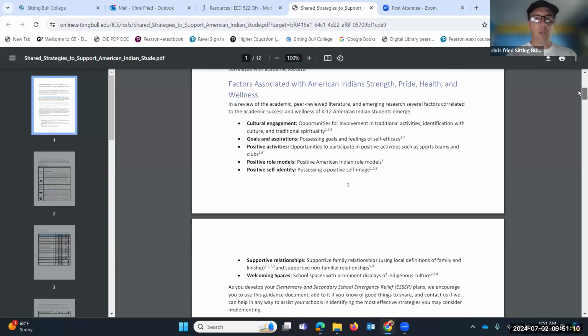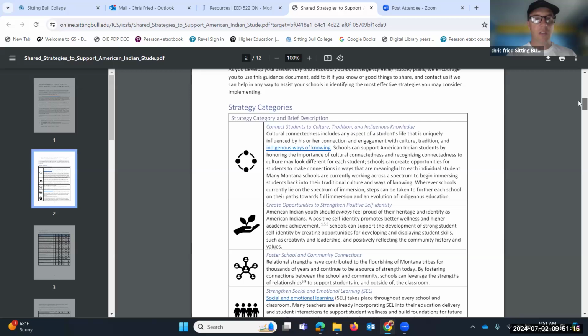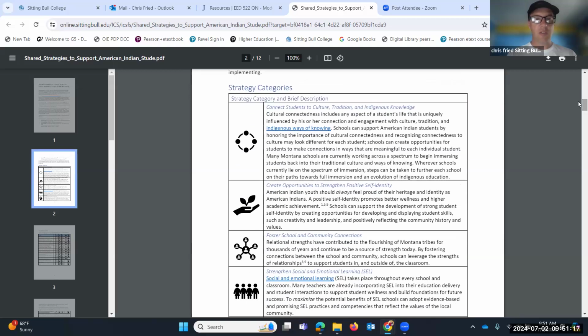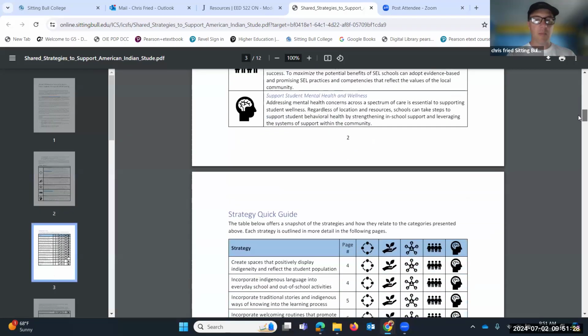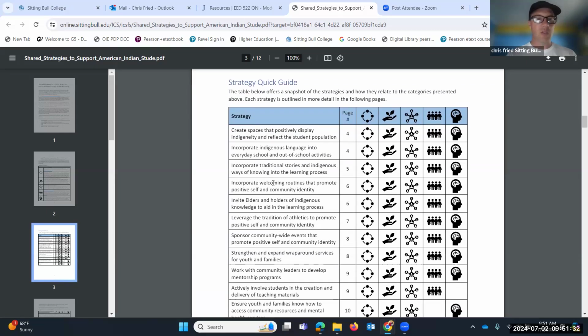Anyway, looking at some different components and categories here, it's an interesting piece. This gives you a guideline in terms of what this covers. It's connected to students and culture, creating opportunities. I'm going to go over this again in more detail as I bring out the videos each week. But here are some strategies you could potentially use.